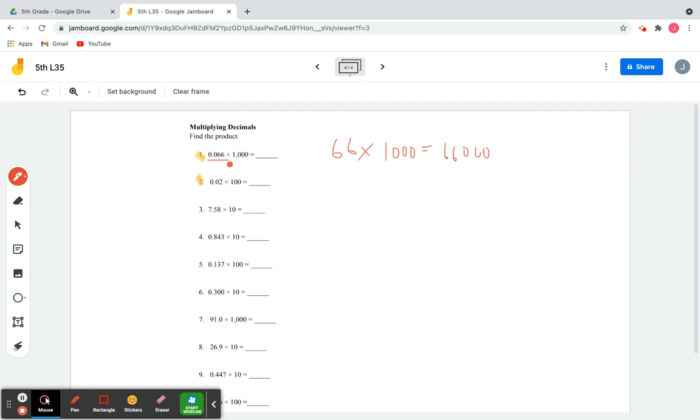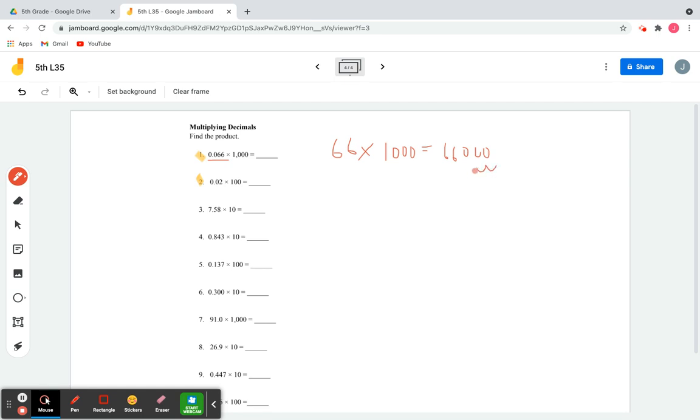And now we're going to take care of the decimal point. So when we look at this, there are 3 digits behind the decimal point. So this should be the same for the final answer. So after we multiply the numbers, there should be 3 digits behind the decimal point. So for now, we have the decimal point here, right? So I'm going to move the decimal point to the left by 3 units.